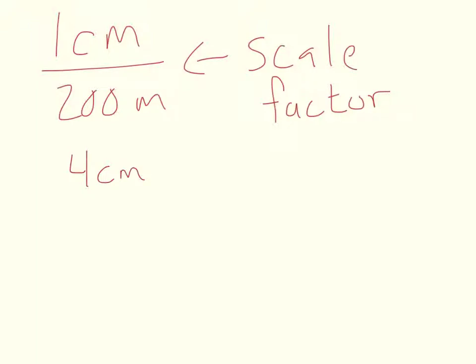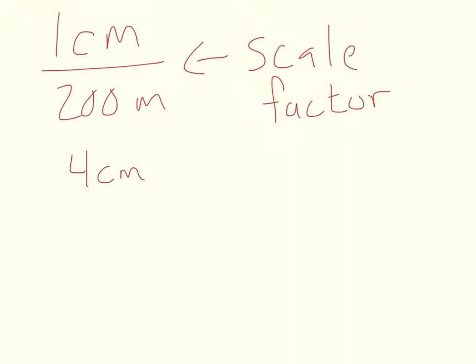Now, we have to set up a proportion here, because we don't know how far the actual length is. Here is a key that is very, very important. If you were to take away one thing today, I want you to take away this.